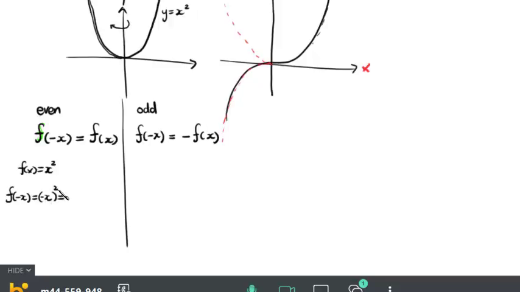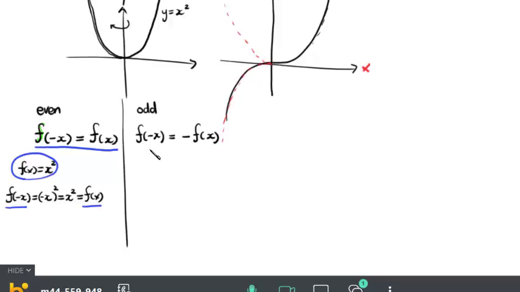So the only thing that remains is x squared. But x squared is the same as the original function. So you can see that f of negative x and f of x are the same. So it's satisfying this one right here, right? That's how we know that this one is an even function.